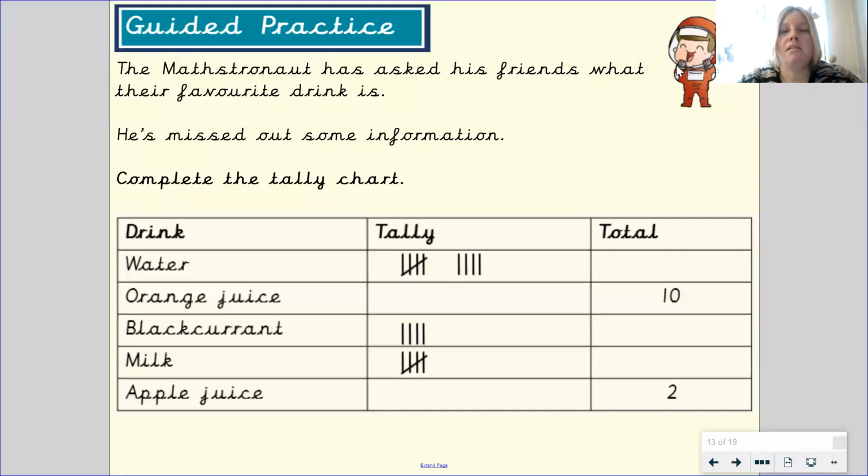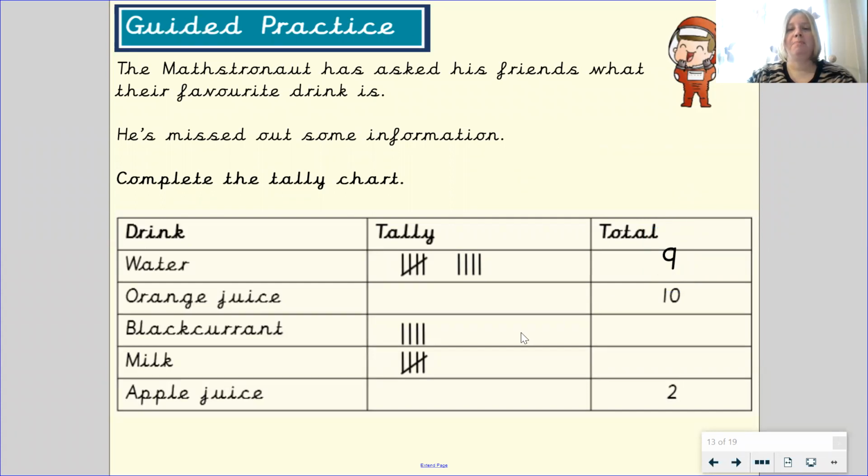I'm going to start by counting how many people thought water was their favourite drink. I need to remember to count in 5s. So I've got 5, 6, 7, 8, 9. So the total amount of children that liked water was 9. So I can write that in there.